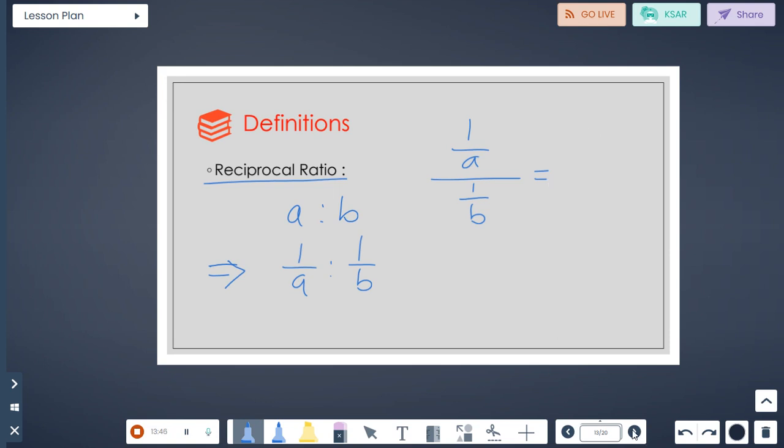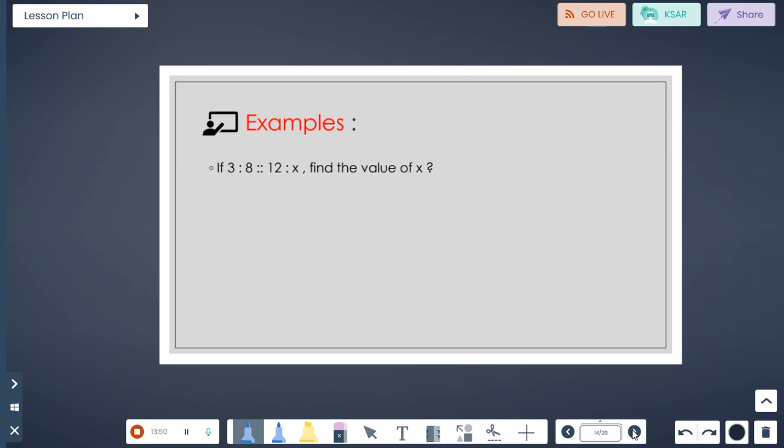Then next, some examples based on ratio. Number one: if 3 is to 8 is proportional to 12 is to x, find the value of small x. How to find it?